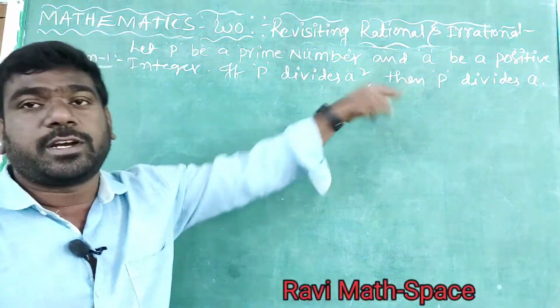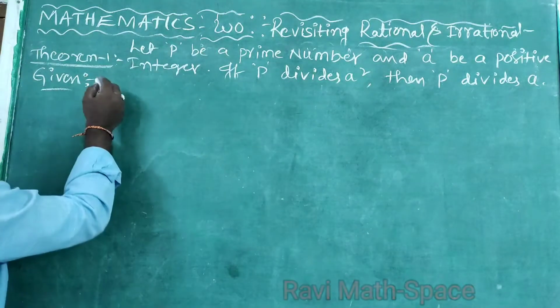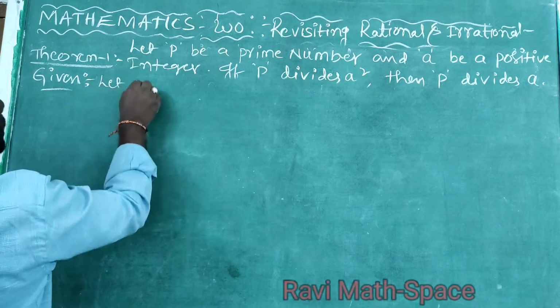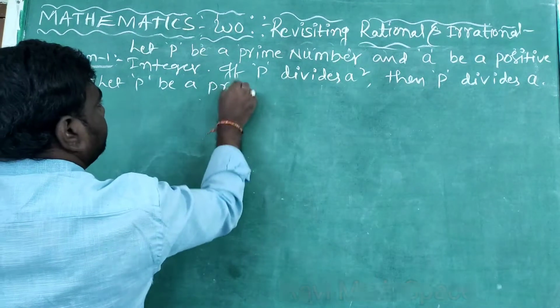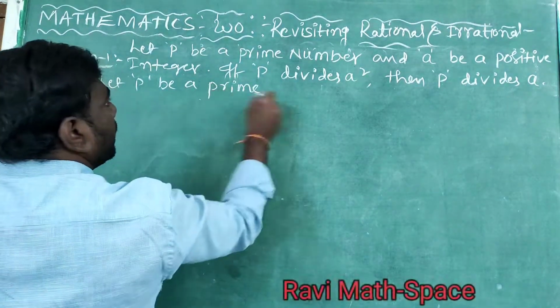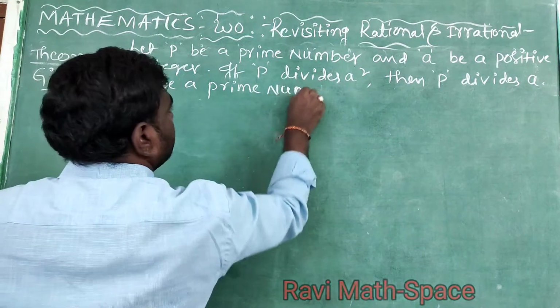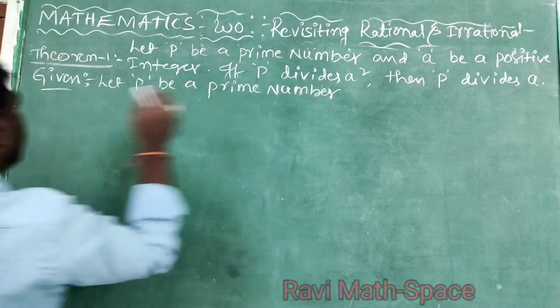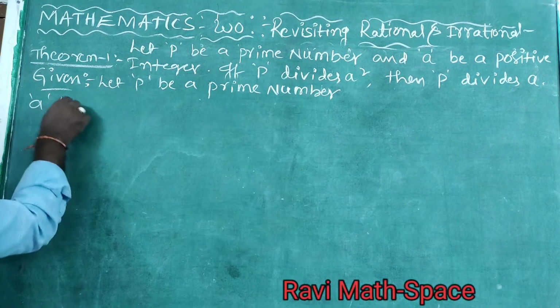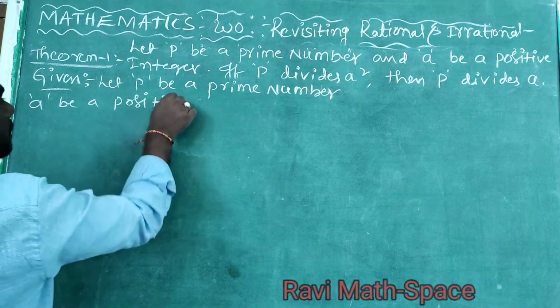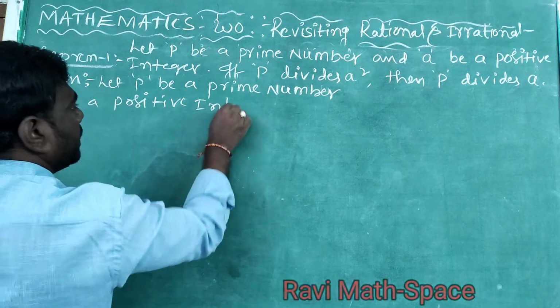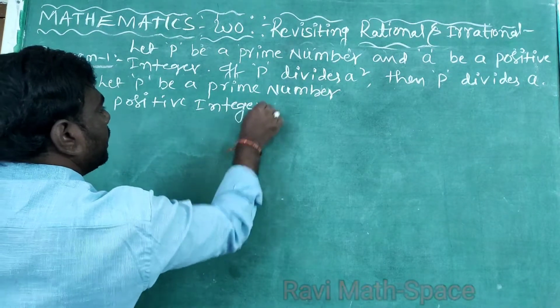Then we are going to prove that. Let p be a prime number and a be a positive integer.